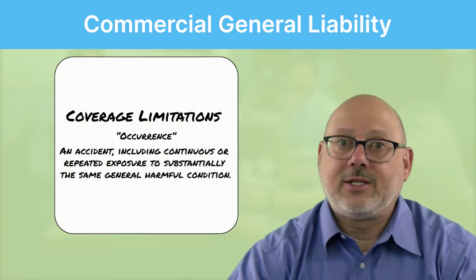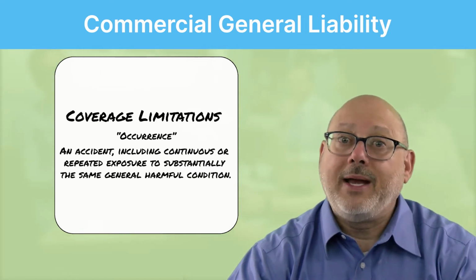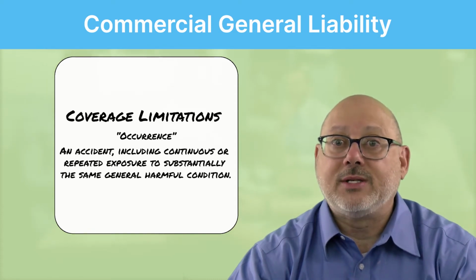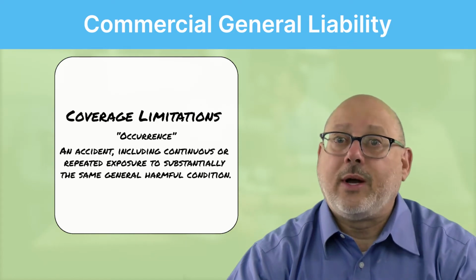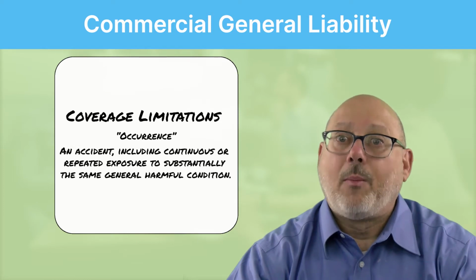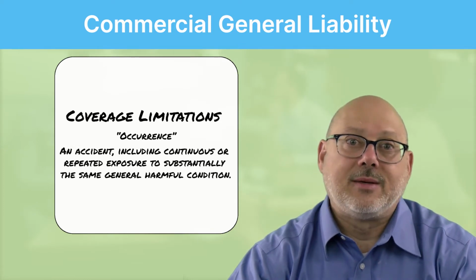An occurrence is defined to be an accident, including continuous or repeated exposure to substantially the same general harmful conditions. Accidents are sudden, unexpected events, including exposures to harmful conditions. Interestingly, products liability coverage is on a worldwide basis.